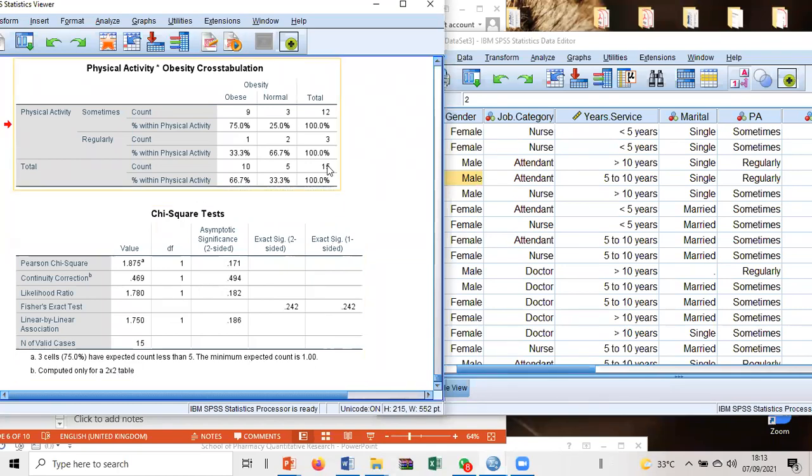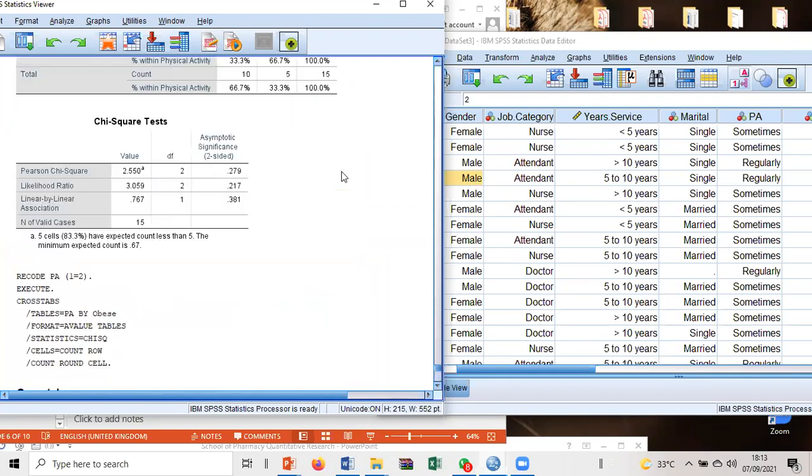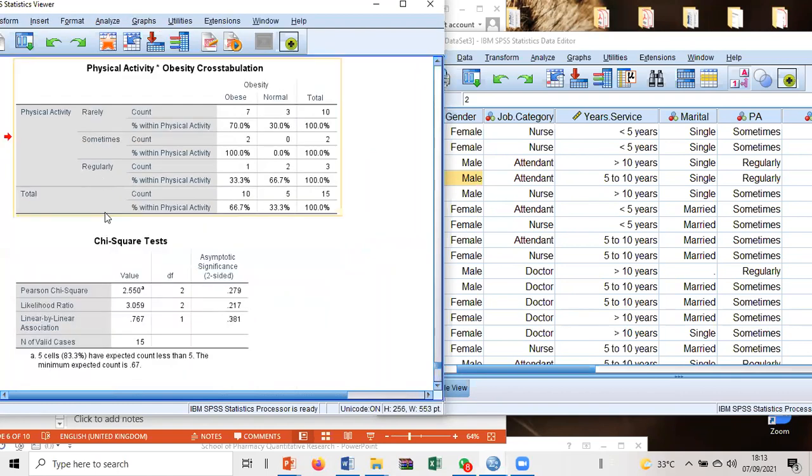And then secondly, if the total sample size is less than 60, maintain only 2 by 2. Just now, this is 3 by 2, only 15 cases. This result is not very good, not valid.